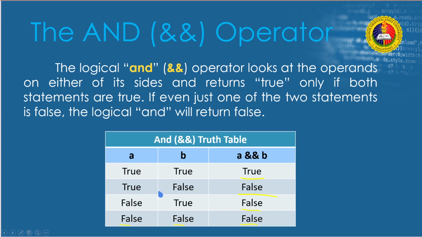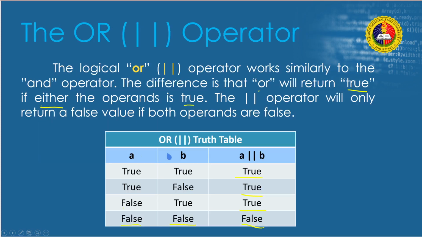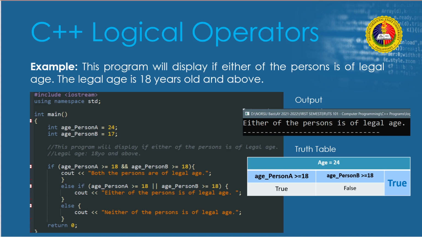If either one of them is false, then the statement is false. If OR, either of the statements should be true, then the statement will be true. But if both are false, then the entire statement is false. For not, it's just the opposite.